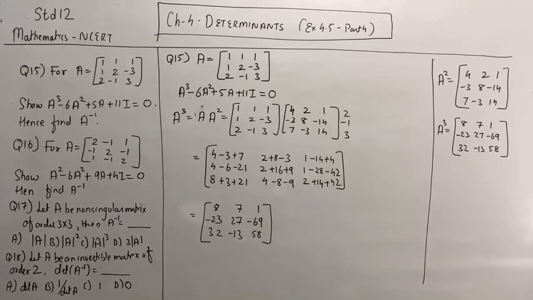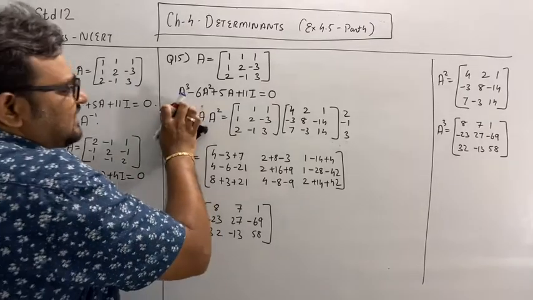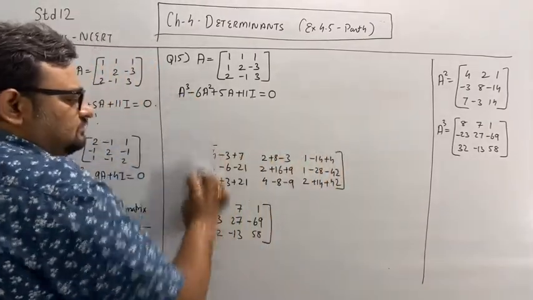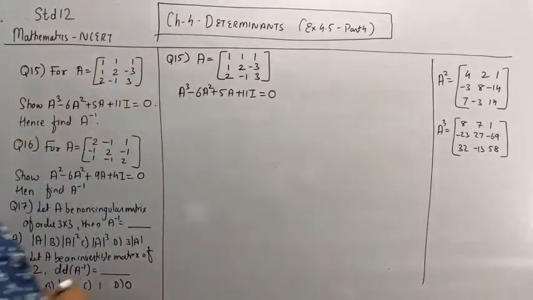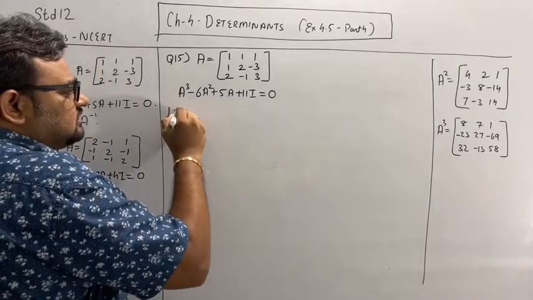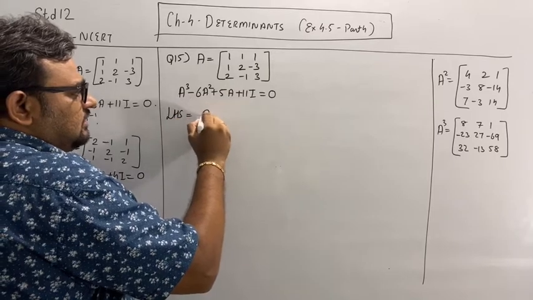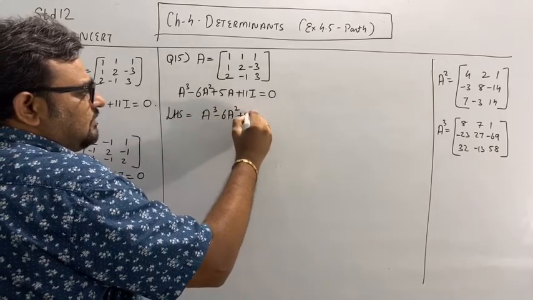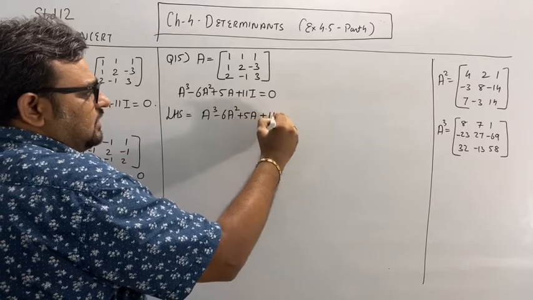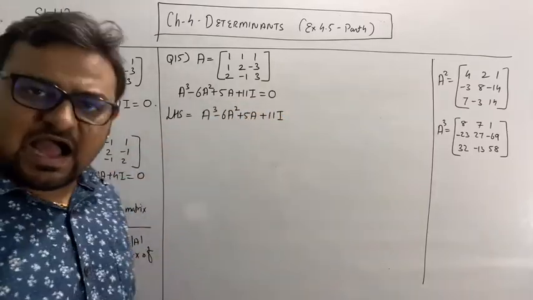Okay, so now let's verify this equation. I will take the LHS: A cube minus 6A square plus 5A plus 11I.